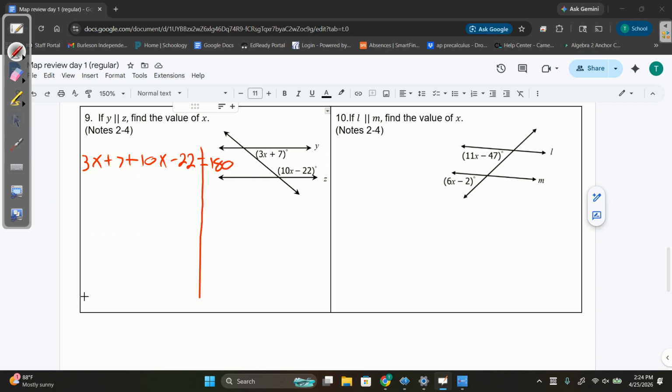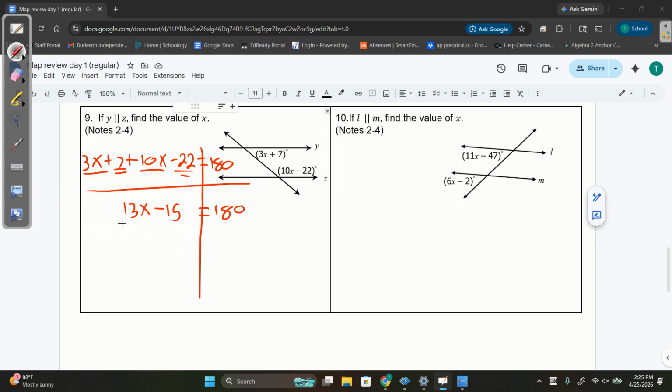And then we solve it out. I see multiple x's, so I combine like terms. 3 plus 10 is 13x. I also see 7 and negative 22. 7 minus 22 is negative 15. Now let's start moving stuff around.